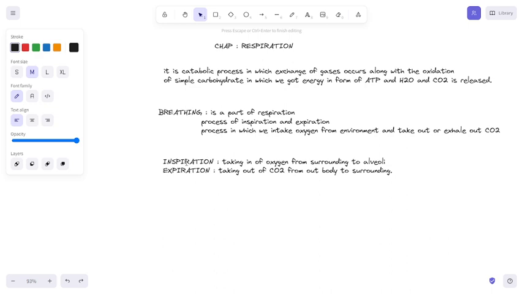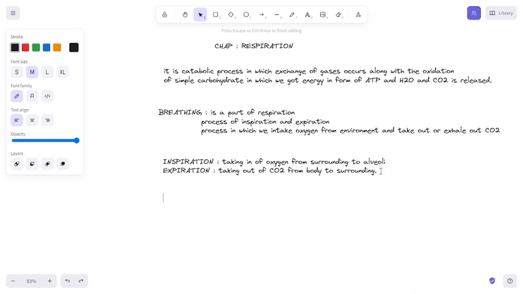So inspiration is the process of taking oxygen from the surrounding to the alveoli, from the environment into the body. And expiration is taking out of carbon dioxide from the body to the surrounding.